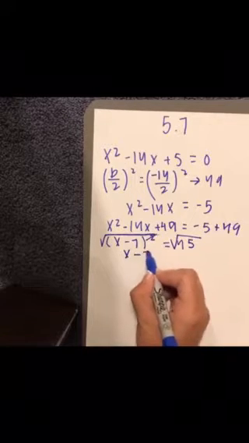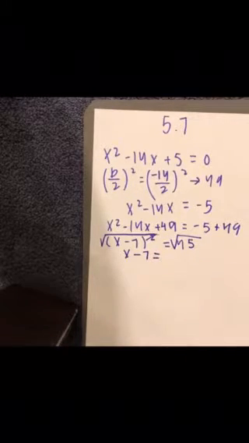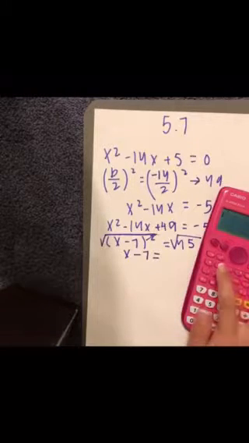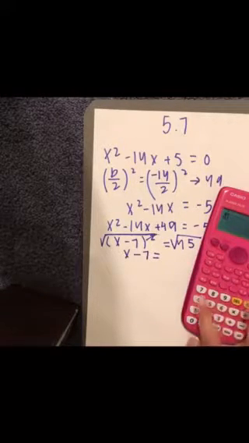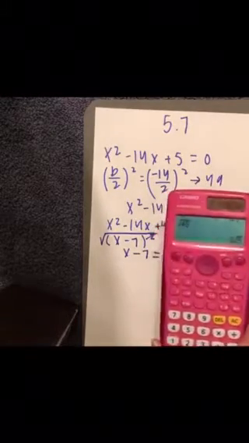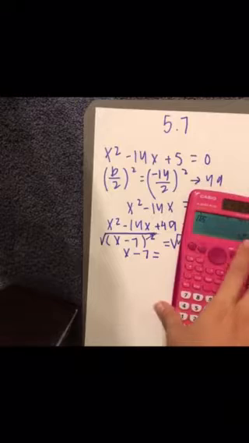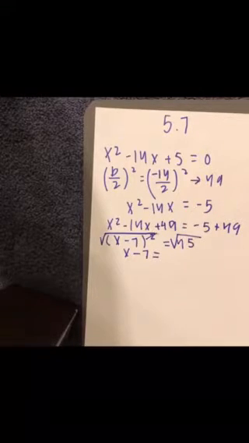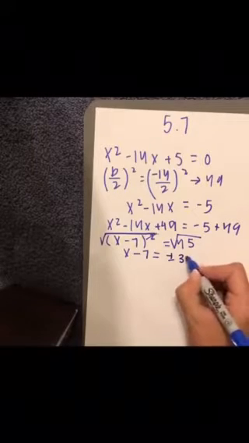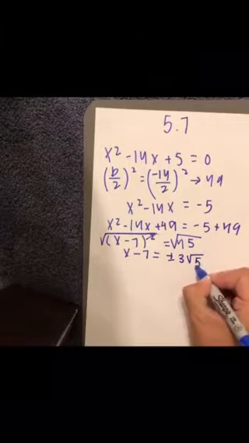So x minus 7 equals, let's see, the square root of 54. Actually, it simplifies. The square root of 54 is 3 square root of 6, so plus or minus 3 square root 6.